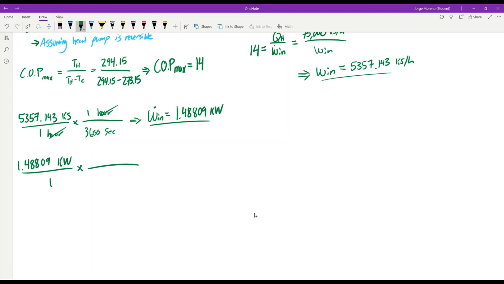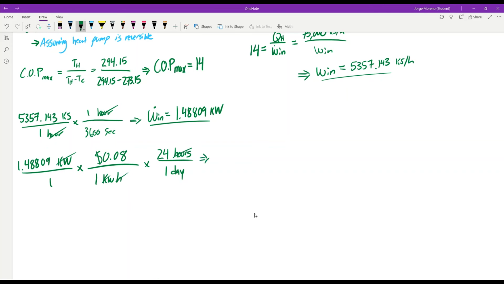Now, with the conversion factor, we know 1 kilowatt hour is 8 cents, and this is running for 24 hours because 24 hours is 1 day. So kilowatts cancel, hours cancel, and we're left with dollars per day.